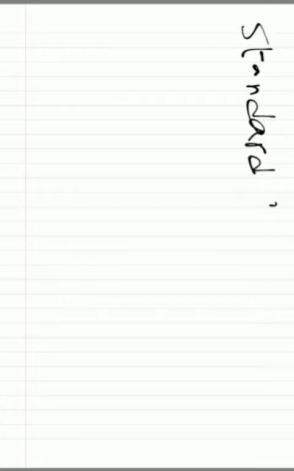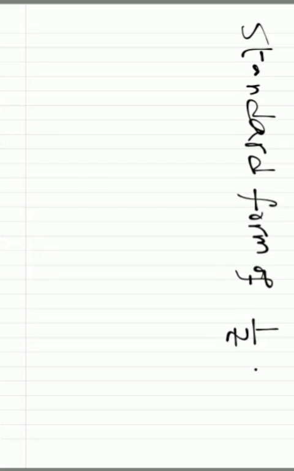Let us find the standard form of 1 by z, where z is some complex number x plus iy. So basically we are finding the inverse of a complex number, the multiplicative inverse.